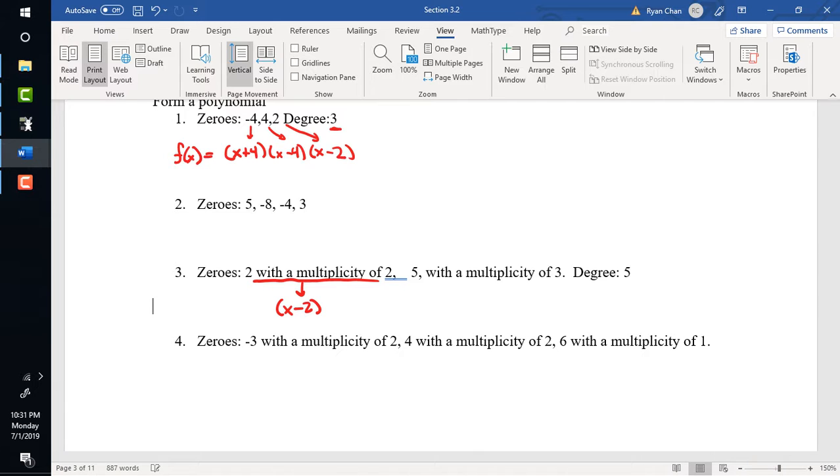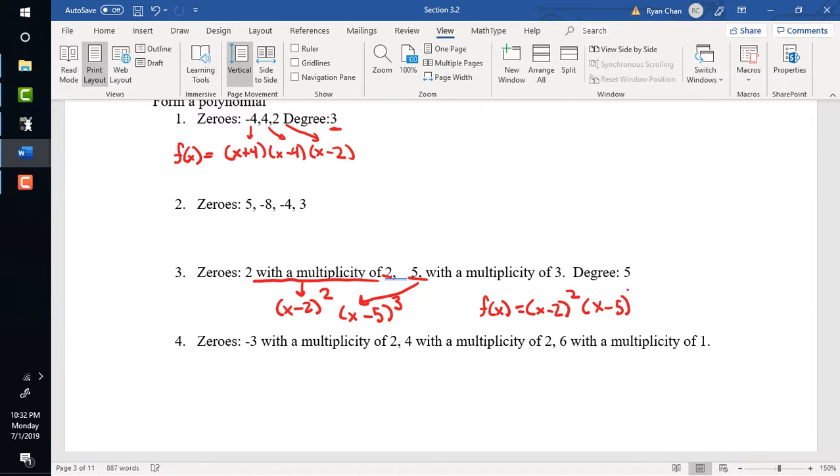They gave us a multiplicity, so I'm going to put the 2 on top: x minus 2 squared. Next one says 5 with a multiplicity of 3, so this is x minus 5, and I'll raise it to the third power. Let me rewrite that again. I have f of x is equal to x minus 2 squared, and then x minus 5 cubed.